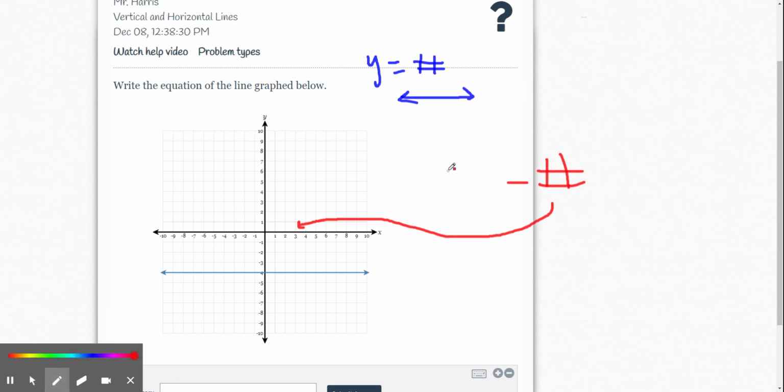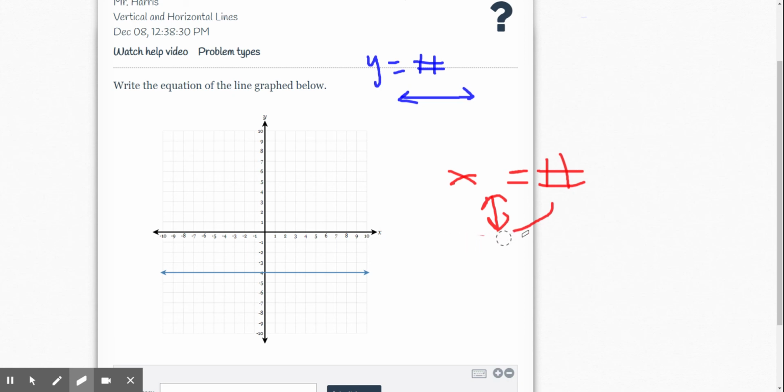We know that x equals a number will give us a vertical line. And this time it looks like we've got maybe another kind of line. Let's see what you guys think on this one. Take a second to solve.